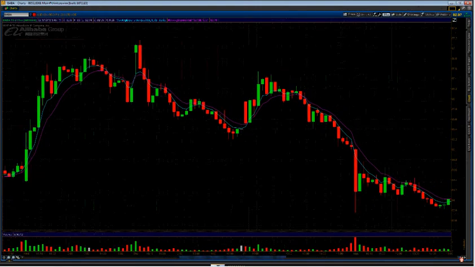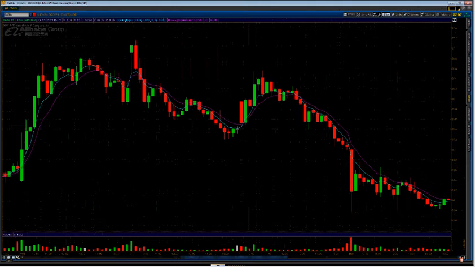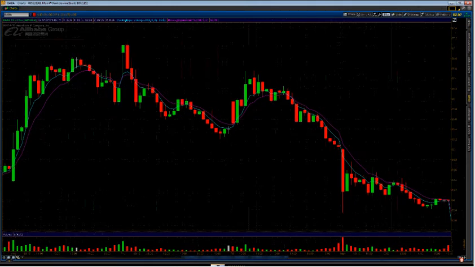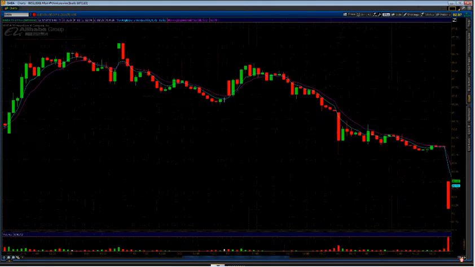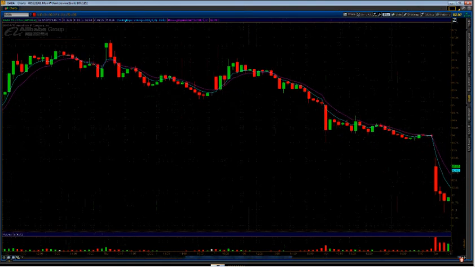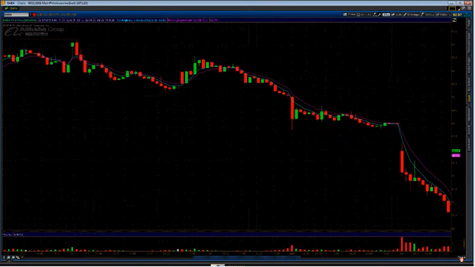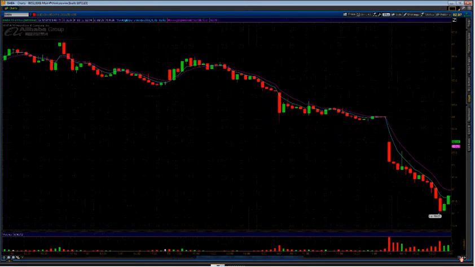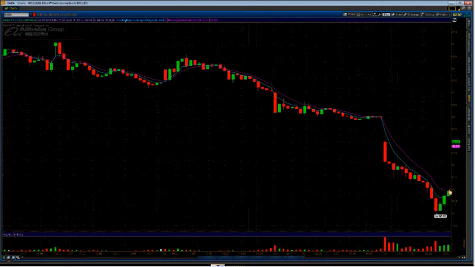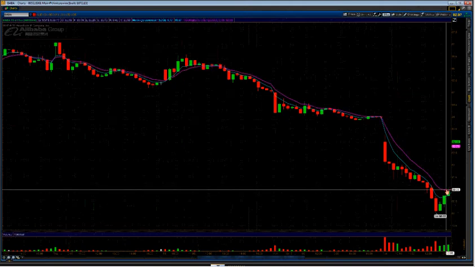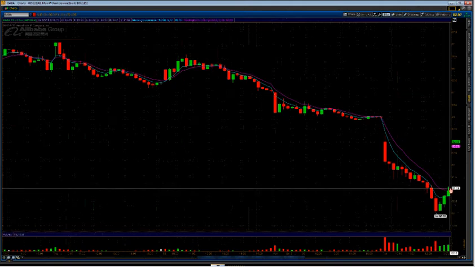I want you to look at something. And it's actually, oops, not on that one. This is still all on puts play. Right here. What happened to your 9 SMA here?